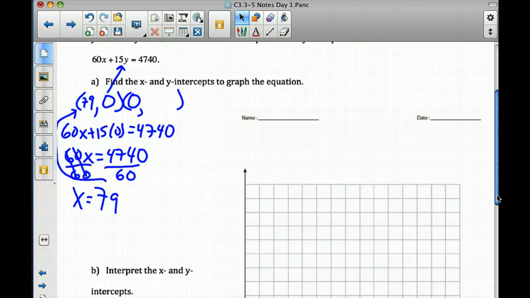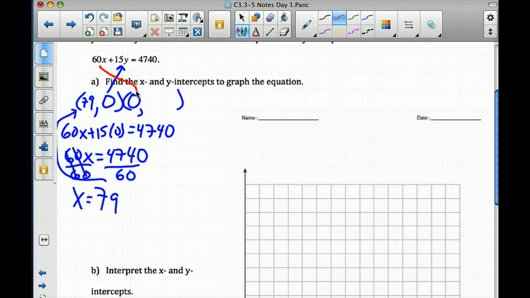Start over. Take 0 for x and plug it in for the x. So I'm going to go 60 times 0 plus 15y equals 4740. We know that 60 times 0 is 0.